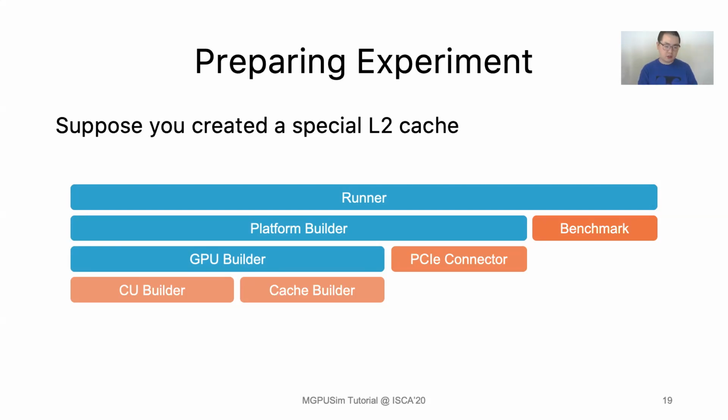And you still need the old CU builder and the cache builder for the L1 cache, so that you build the compute unit, you build the L1 cache, and you build your new L2 cache, and then combine them in a particular way within the GPU builder. So this is how you would prepare an experiment with this builder system. Depending on which level you want to modify the simulator, you may copy different types of builders, different layers of builders, to your project.